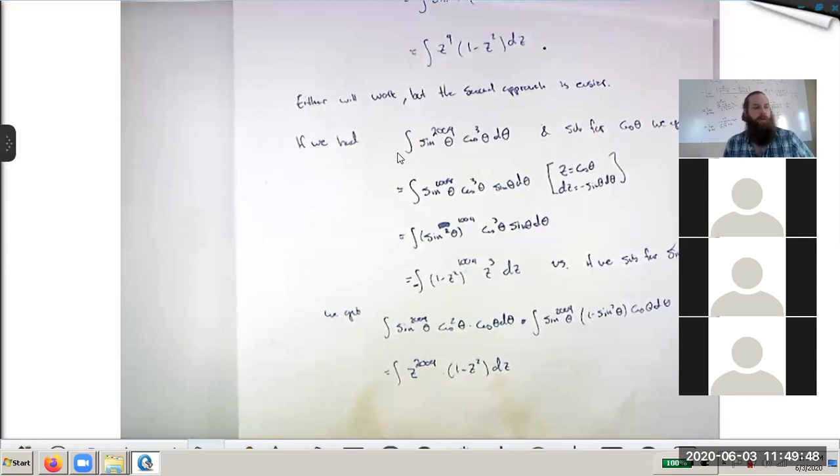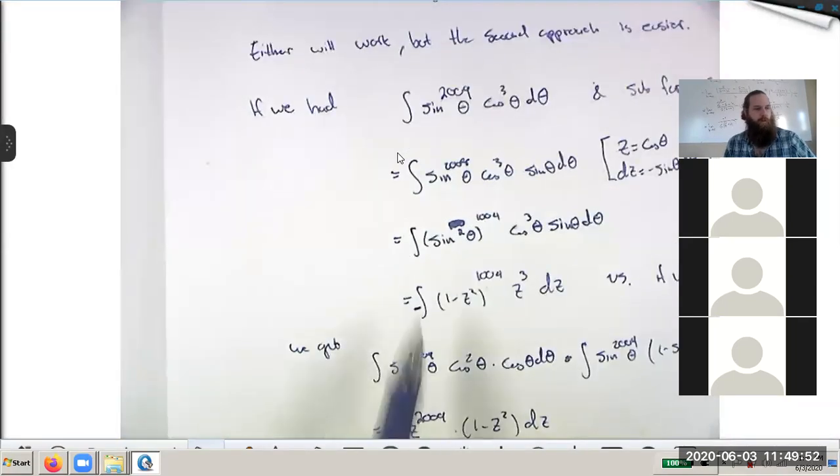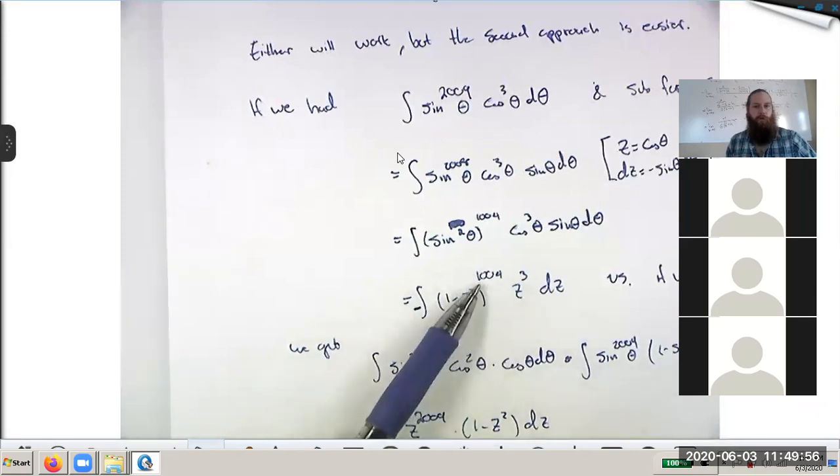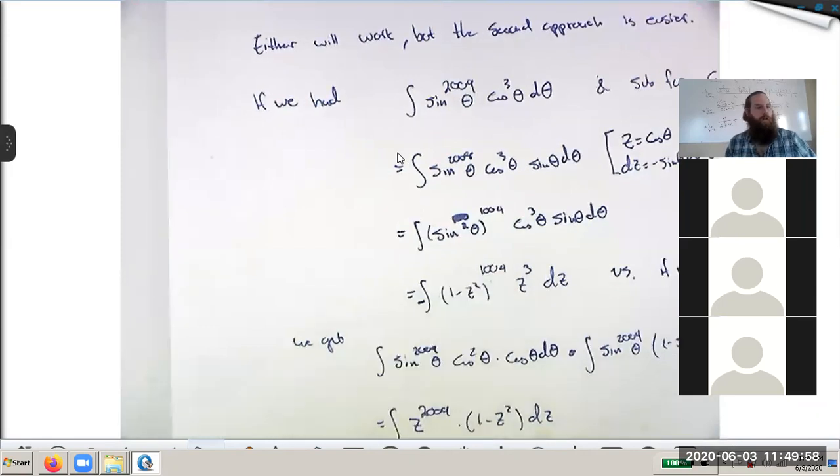And that saves you ever having to multiply something huge like this out, right? Which nobody wants to do. It's not so bad if this is a 3 or a 4, it can get a little bit unpleasant. But if this is enormous, then this becomes algebra hell. So I don't want you guys to put yourselves through algebra hell. If both the powers of sine and cosine are odd, substitute for the larger power.